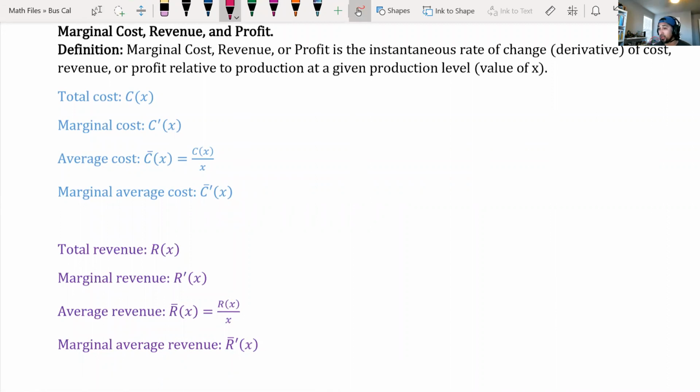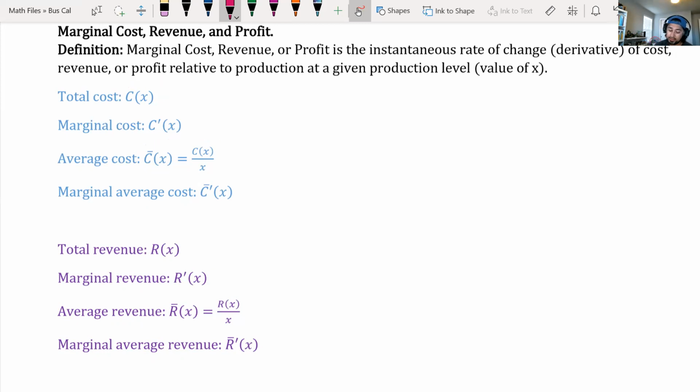And then average cost, this is something you've seen from 1324, is the cost function over x. And then marginal average cost is going to be the derivative of the average cost function. So again, these are functions we've seen before, but now we're just going to take the derivative of them.